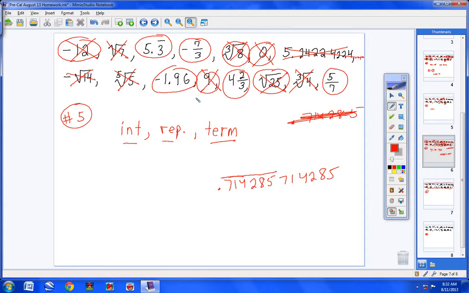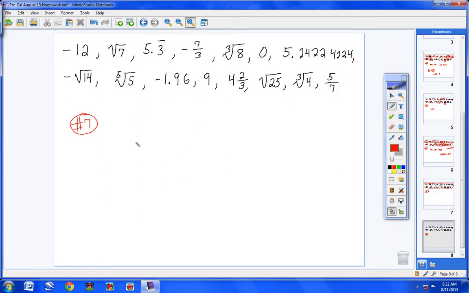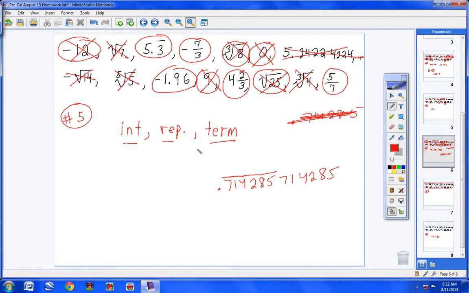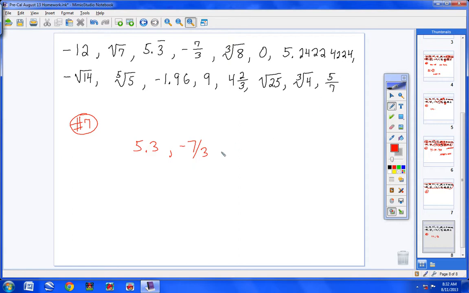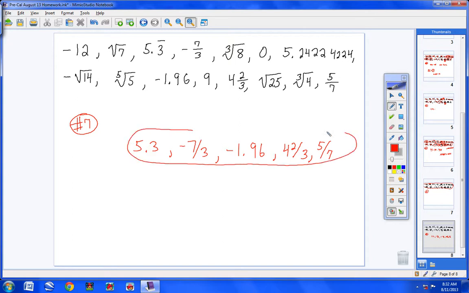So 5.3, negative 7/3, negative 1.96, 4 2/3, and 5/7. Those are your rational numbers that are not integers.